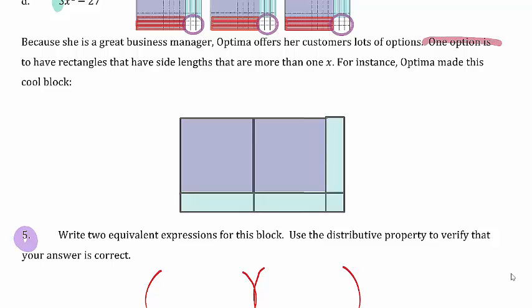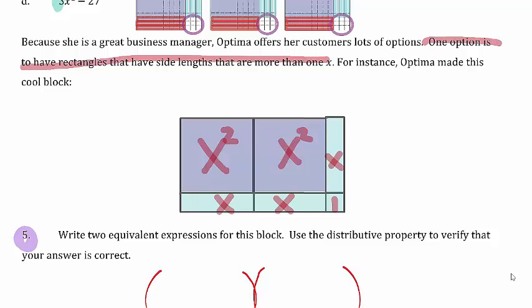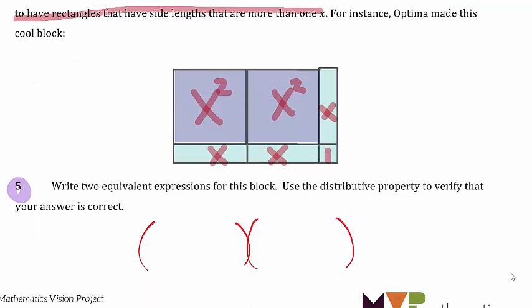One option is to have rectangles that have side lengths that are more than 1x. For instance, Optima made this cool block. Let's think about it. It has 2x squareds, 1, 2, 3 x's, and 1. And there's no way to break this one up into 2 separate quilts. So the question is, what is the expression for this?